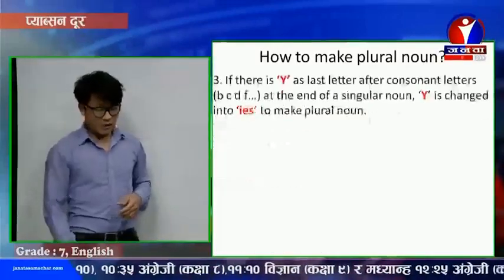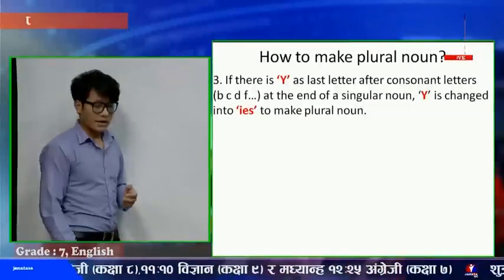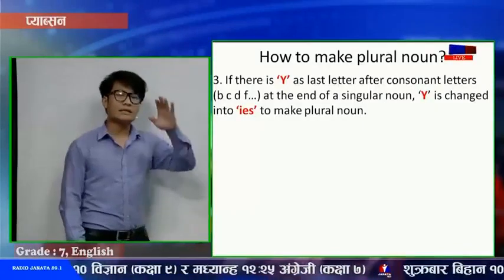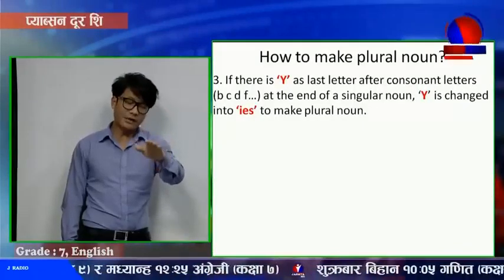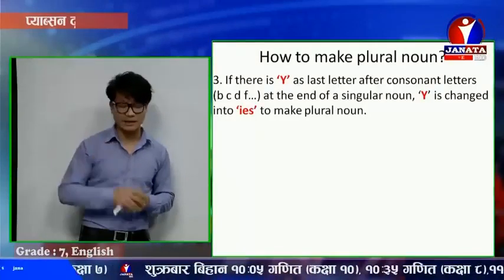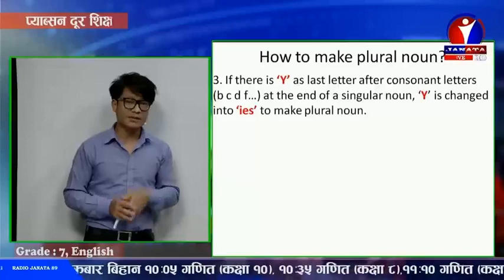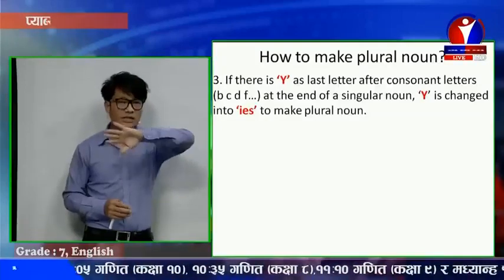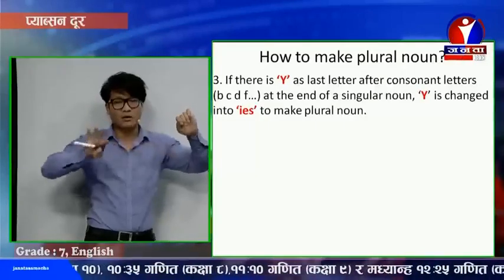So next, again, we are going to have another rule. If there is Y as the last letter after a consonant letter, meaning except A, E, I, O, U, these 5 letters, all letters are consonants.